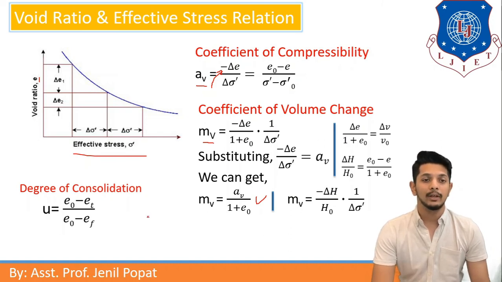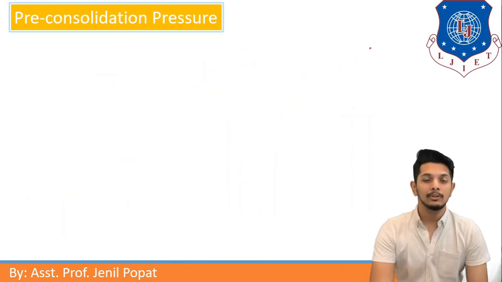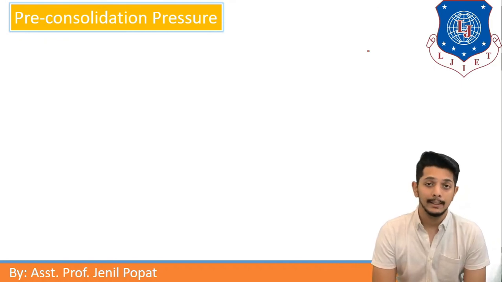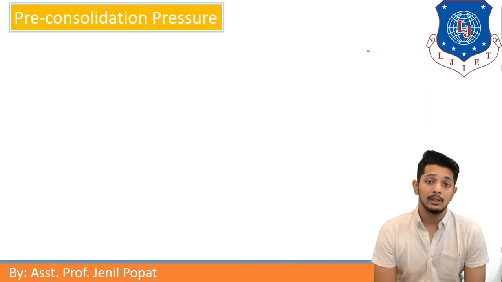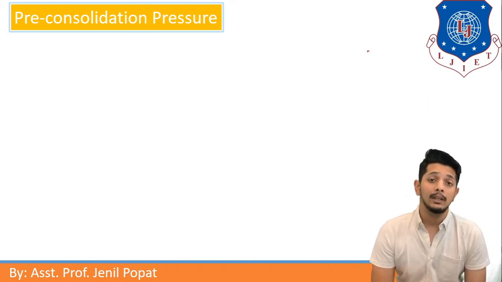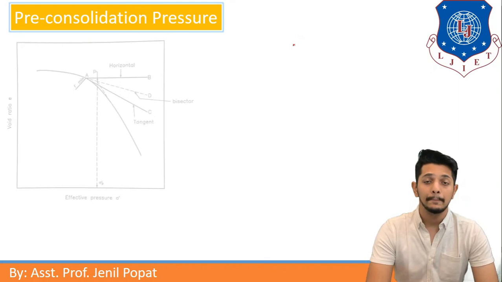Let us move forward to pre-consolidation pressure. Pre-consolidation pressure is nothing but the maximum overburden to a soil which has been subjected to an external load and under which it is consolidated. Now, pre-consolidation pressure is very important to obtain. For determining pre-consolidation pressure, Casagrande has given an empirical method.